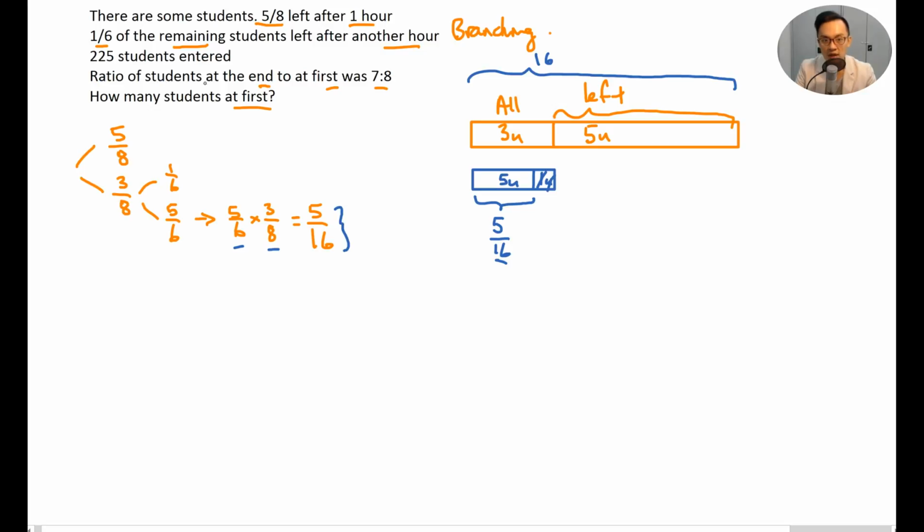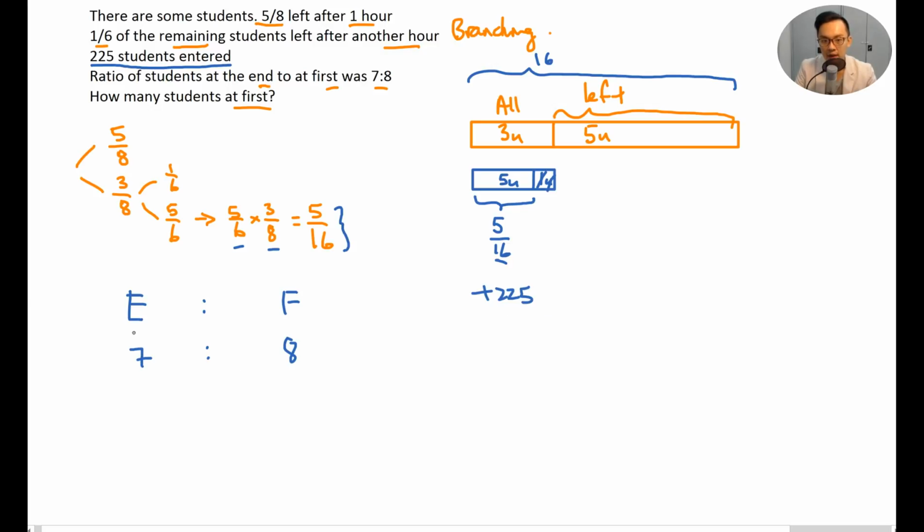So the ratio of students at the end to at first was 7:8. Now, the other part here also states that 5 out of 16, and this was before the 225 students entered. So after this, another 225 students entered.